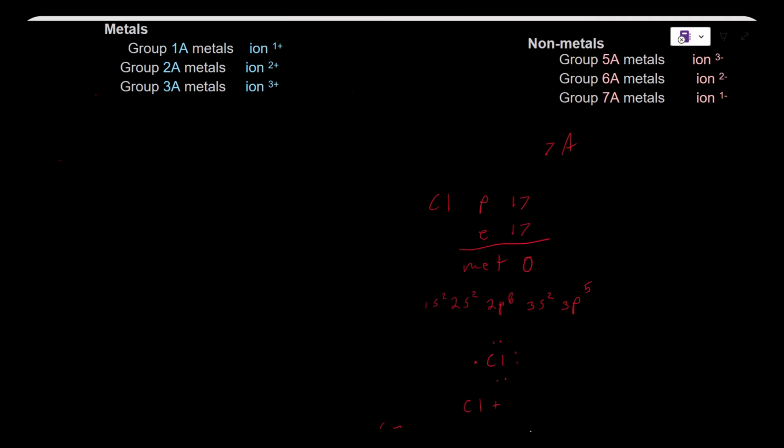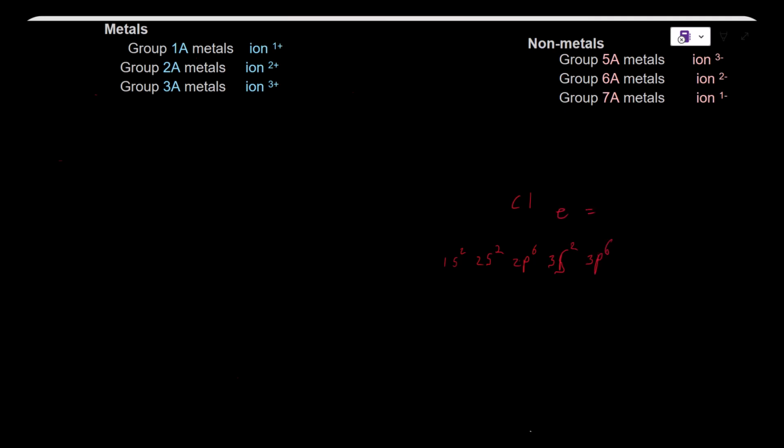The chlorine atom would then gain an electron to bring it to a full octet like the noble gas. That gives a total of 18 electrons, so the electrons equal 18 and the protons equal 17, leaving a charge of -1. So chlorine would have a charge of -1 and sodium would have a charge of +1.